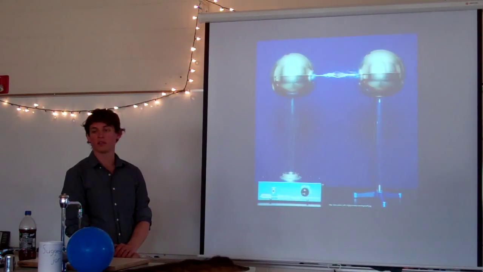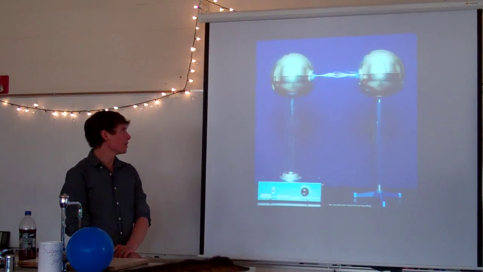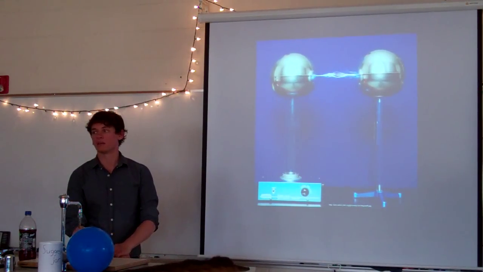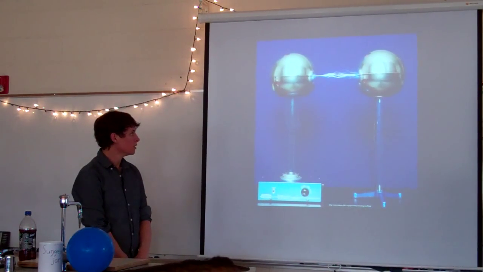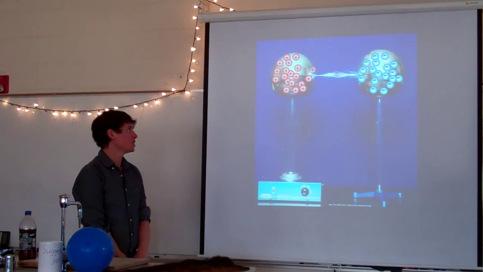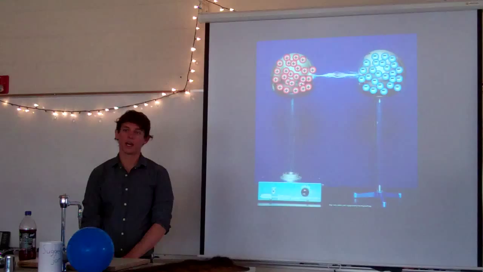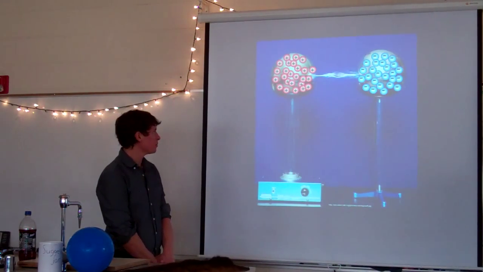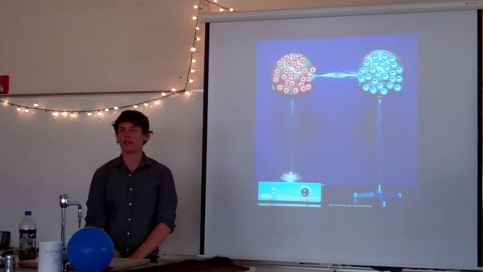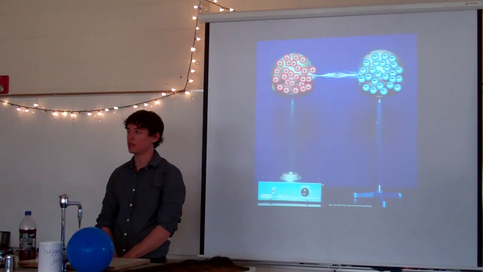Okay, so let's do a couple example problems. In a minute, we'll play with the Van de Graaff generators. It'll be in video 3. You can charge Van de Graaff generators up. Okay, so let's say we're able to charge one up positive and one up negative. There's going to be an attractive force between these two.